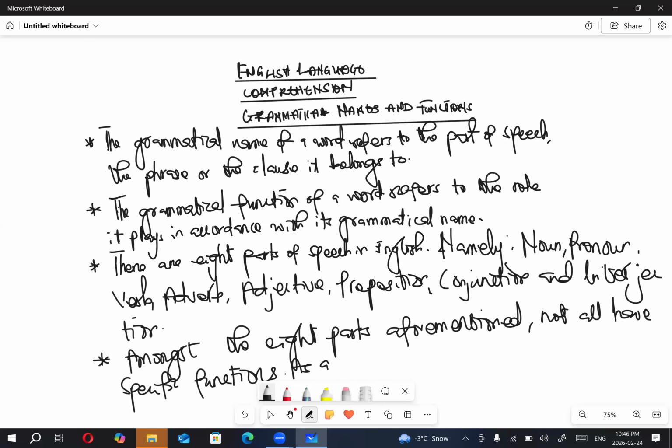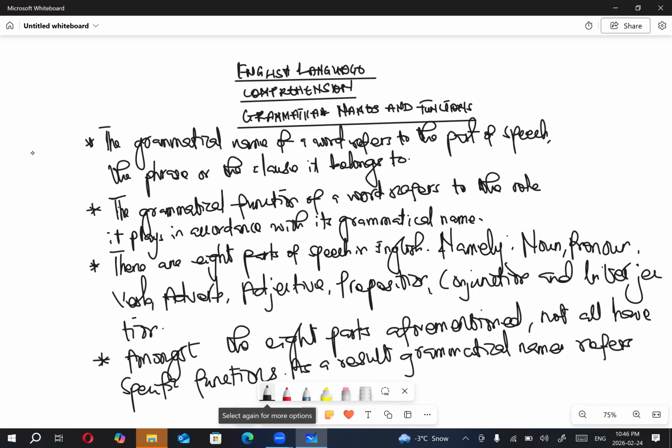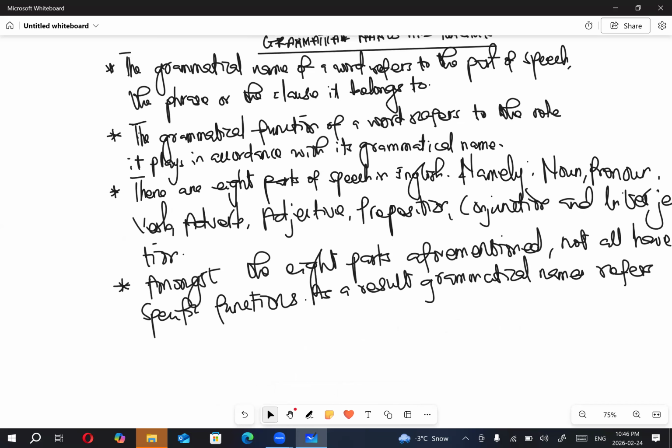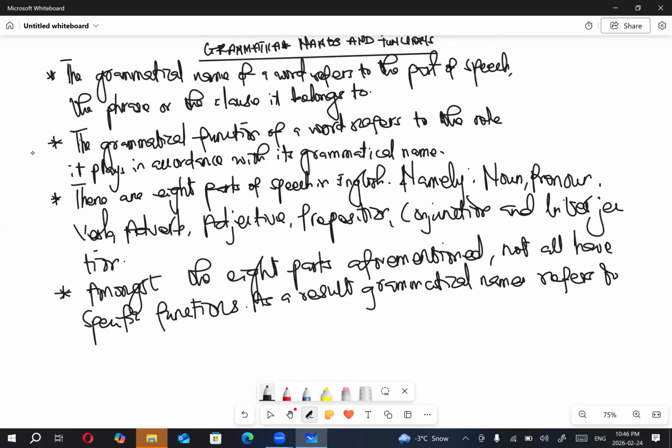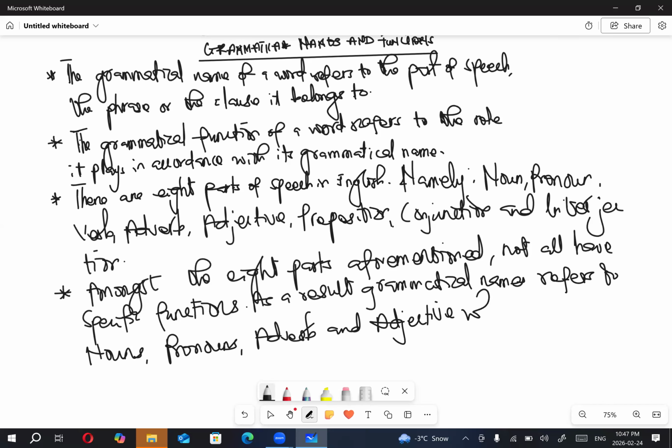As a result, grammatical names refer to nouns, pronouns, adverbs, and adjectives, which have grammatical functions.